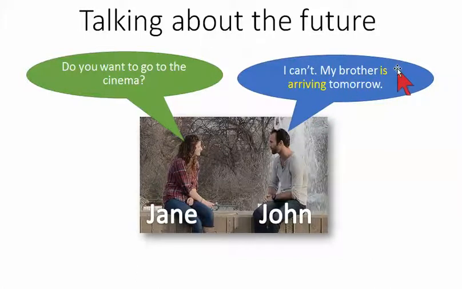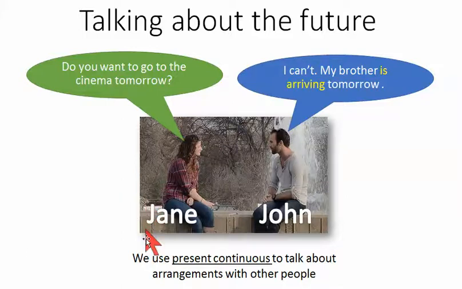The reason is that he is signaling to Jane that this is an arrangement he has with his brother. He can't change it easily, it's already arranged. To change it, he would need to talk to a few other people, and it would be difficult. So he's giving her a signal that he'd like to go to the cinema, but he can't because his brother is arriving. So we use the present continuous to talk about arrangements we've made with other people.